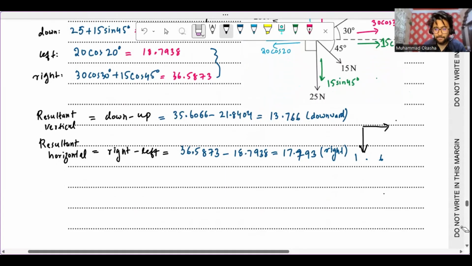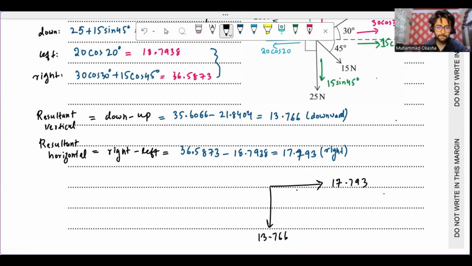Let me redraw this. So forces on the right are 17.793. Force in the downward direction is 13.766. Right.